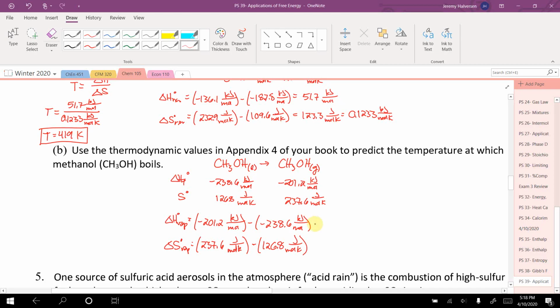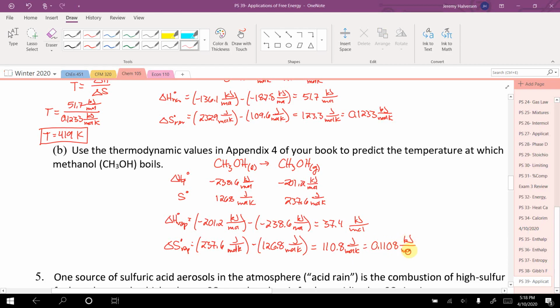That gives me 37.4 kilojoules per mole for the delta H of vaporization. And the delta S of vaporization, I get 110.8.